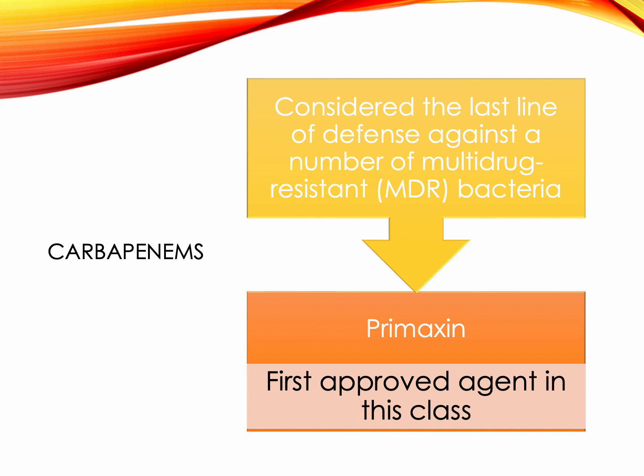And they're also used to treat polymicrobial infections, which are those that are caused by several different microbes. And Primaxin was the first approved agent in this class, but there are some other ones like meropenem and ertapenem and doripenem.